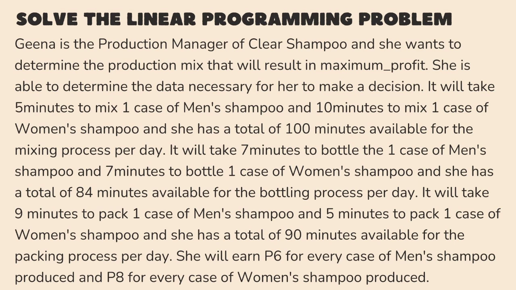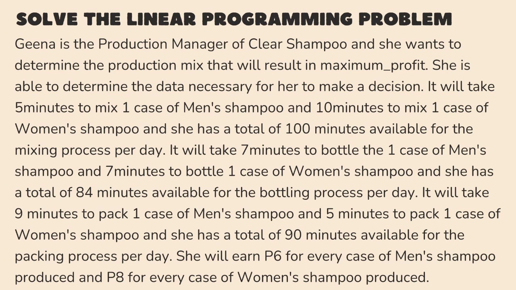It will take 7 minutes to bottle 1 case of men's shampoo and 7 minutes to bottle 1 case of women's shampoo. And she has a total of 84 minutes available for the bottling process per day.